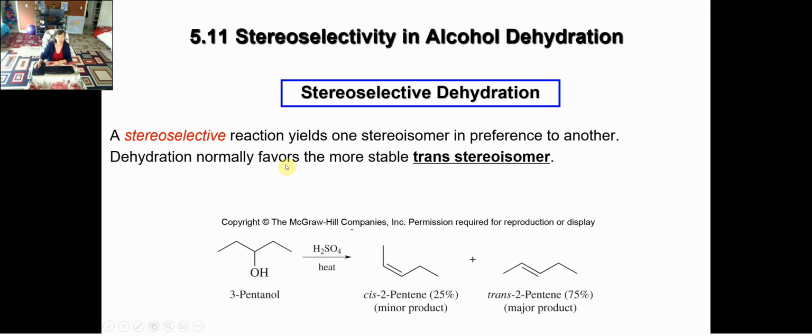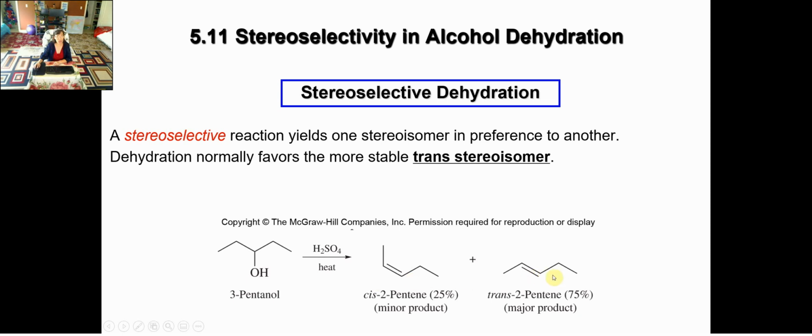If I have this dehydration reaction, I have my 3-pentanol, I have 1, 2, 3, 4, 5, 3-pentanol. Both beta carbons are identical. You can form trans and cis isomers, right?